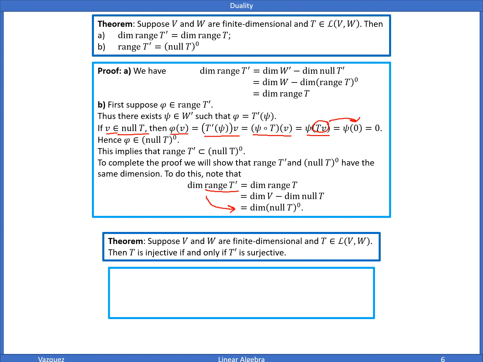And again, this is an if and only if proof where we just use a lot of if and only ifs. The linear map T from V to W is injective if and only if the null space of T is the zero vector, right? When does that happen? This happens if and only if the annihilator of null T is the dual space V prime.